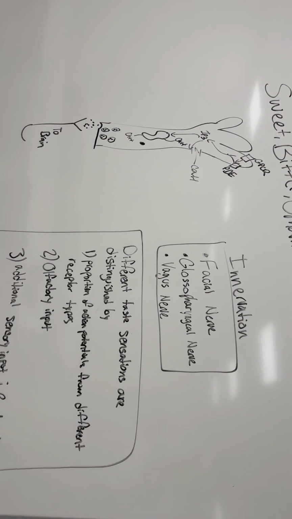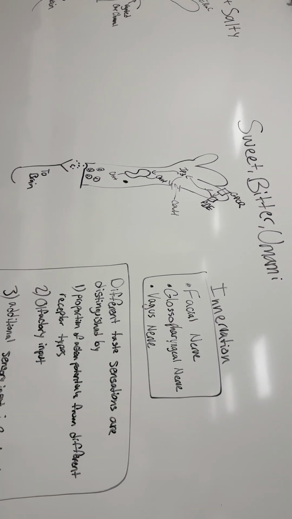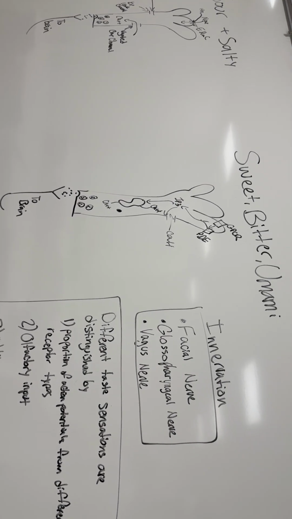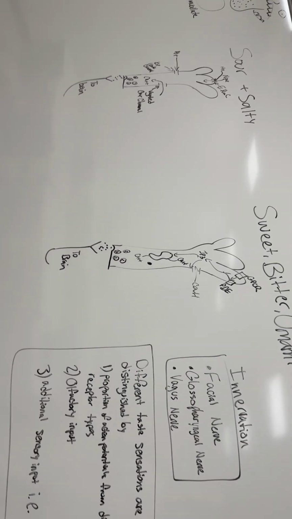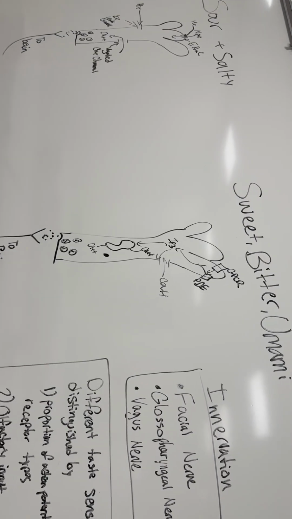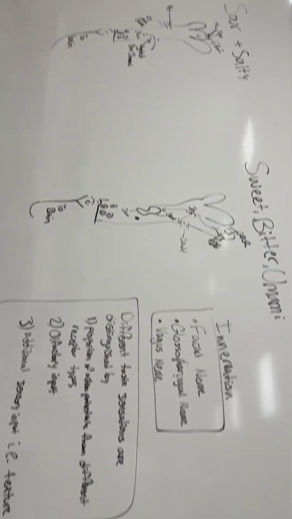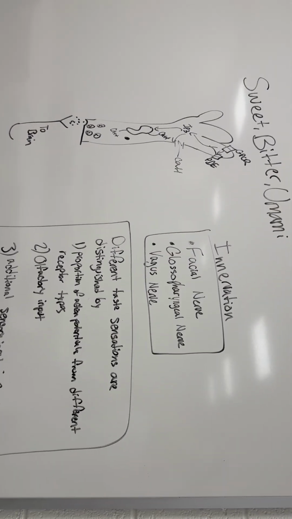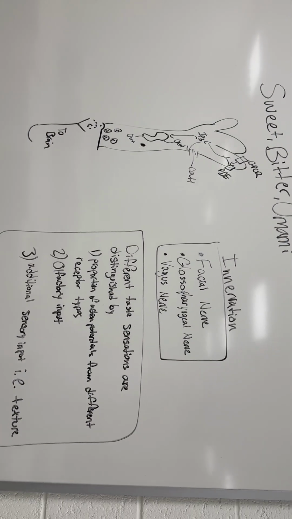So if we have 5 receptors and like 3 sour taste receptors are stimulated and then like 2 umami, we're probably going to perceive more sour there because we have a higher proportion of action potentials coming from that sour receptor type.